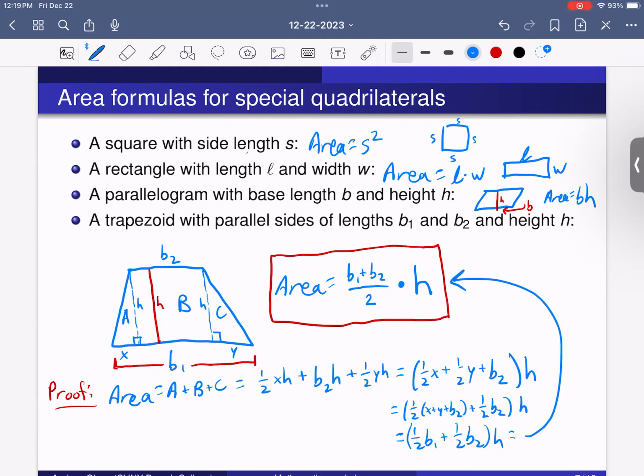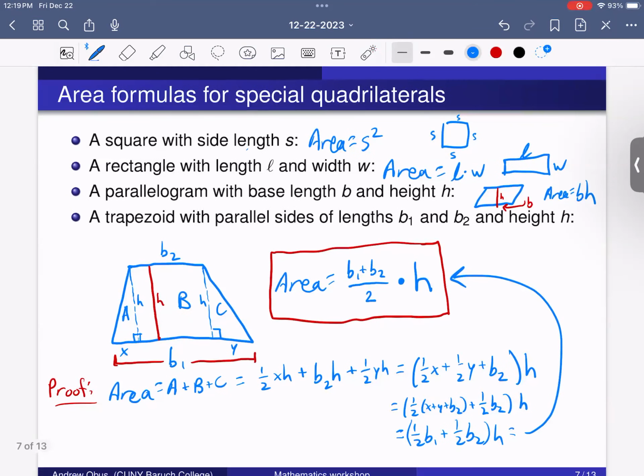Okay, so I went a little bit fast, but if you want a proof of the area formula for a trapezoid, this is your proof. You can break it up into a right triangle here, a rectangle here, and another right triangle here. This right triangle has area 1/2 XH. This rectangle has area B2H.